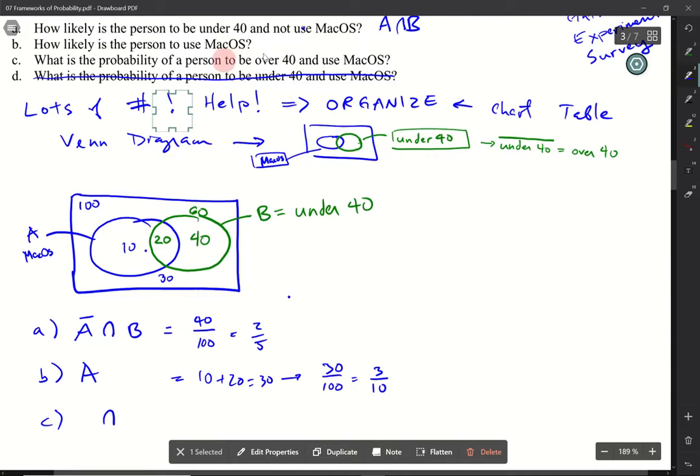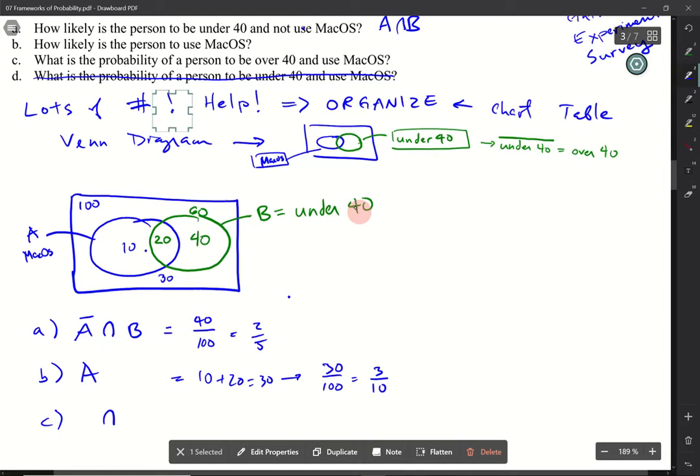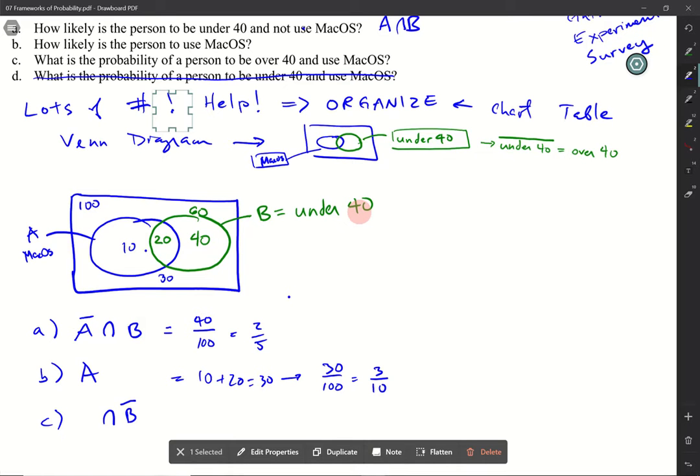Probability of a person to be over 40. So if B is under 40, then over 40 is the complement of B. It doesn't matter if we put it on this side or on the other side. If we keep A on the left and B on the right, it doesn't matter which was left or right.